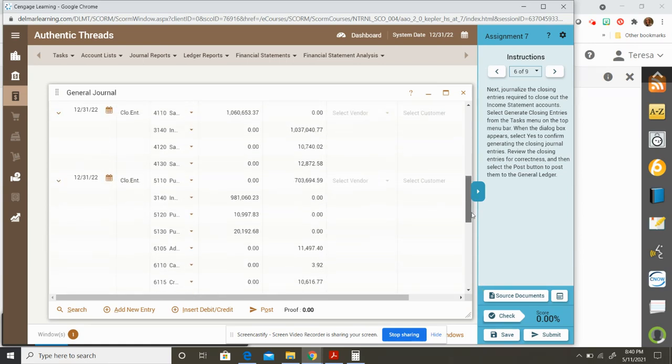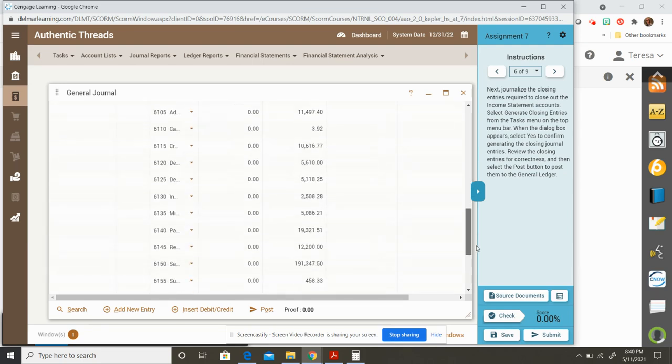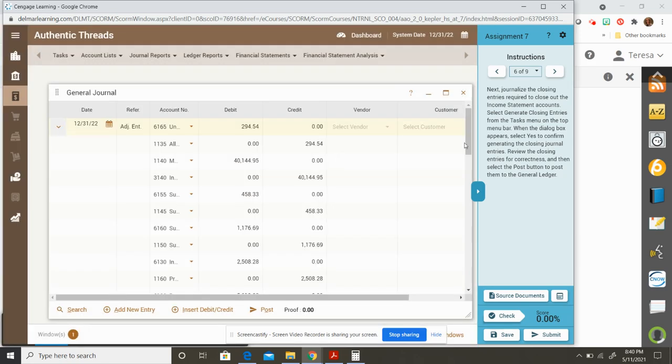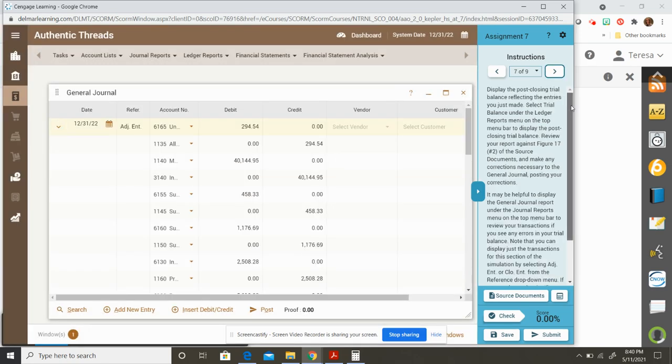So your closing entries are journalized now. Push the post button.